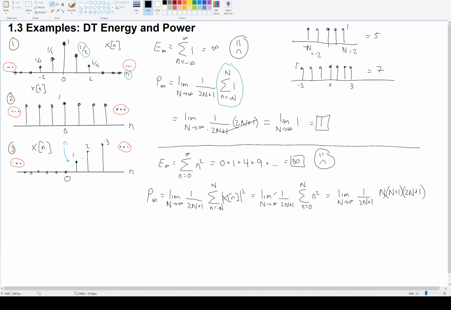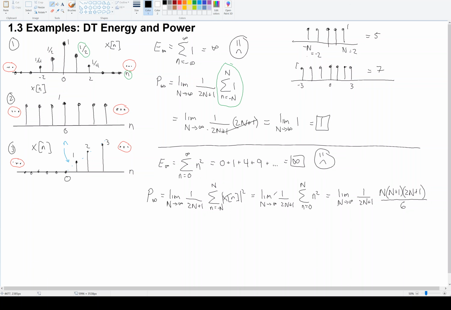So if you were making a formula sheet, this might be a good formula to have. So that sum is this thing here: N times N plus 1 times 2N plus 1 over 6. That's from math class, and I'm not going to derive it here.